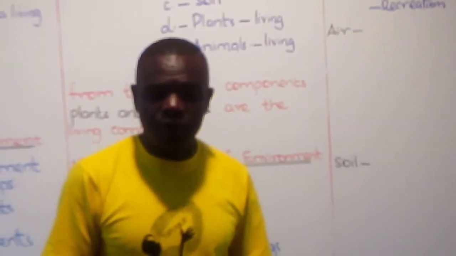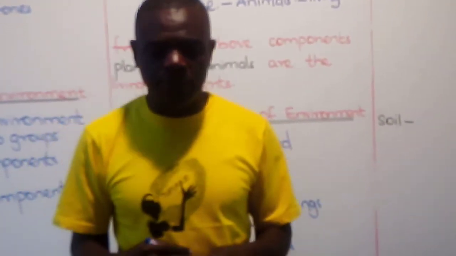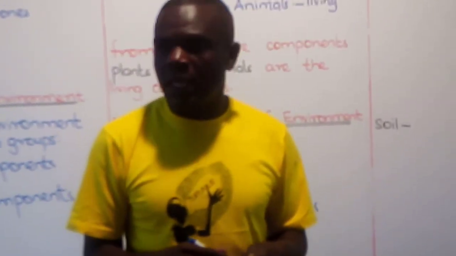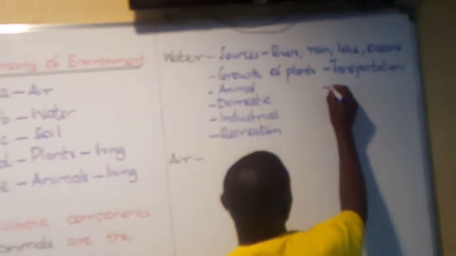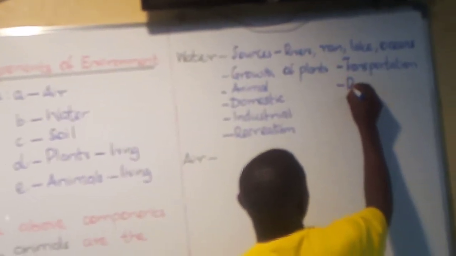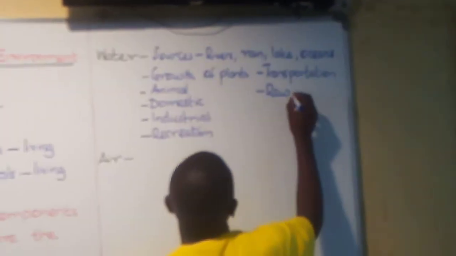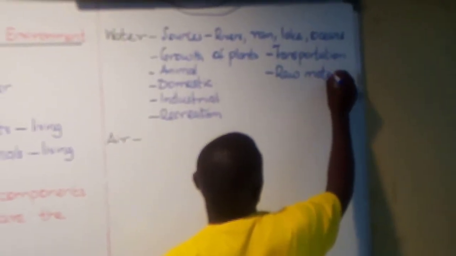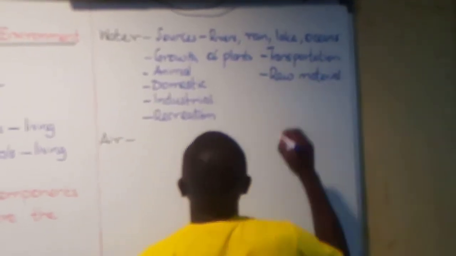For plants, germination of seeds needs water. Growth of plants and animals needs water. It is also a raw material, a raw material used in factories. So water is important.